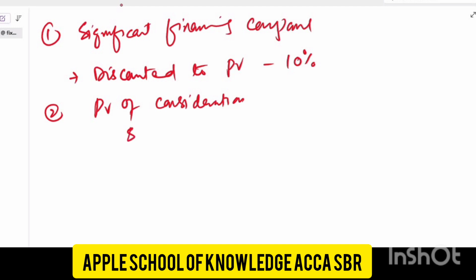So $1 million at the rate of 10% for 2 years.